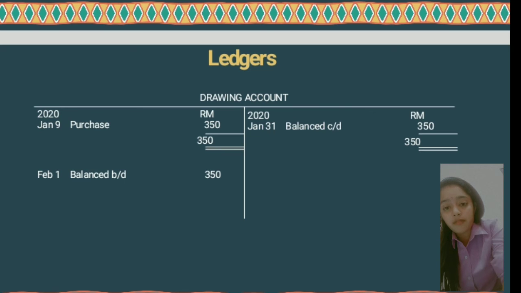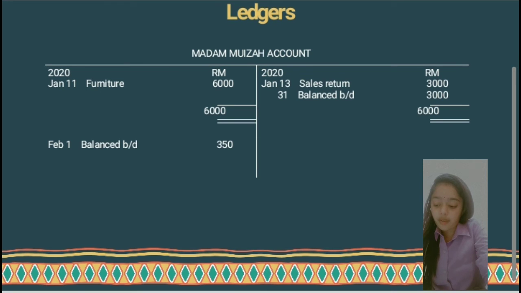Next is on 11th January, the business made a credit sale of 2 set of sofa to Madam Muiza amounting to RM 6,000. So we have to open Madam Muiza account and write on debit side 2020 January 11th furniture for amounting RM 6,000.